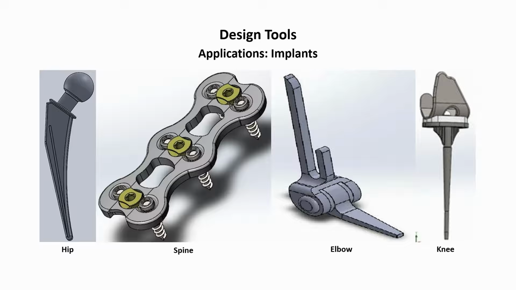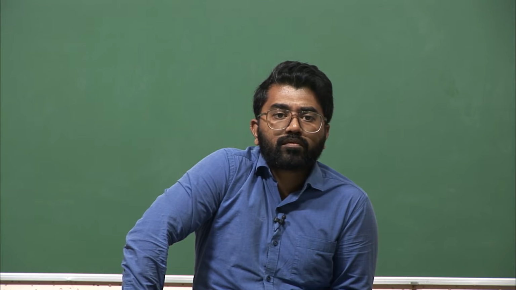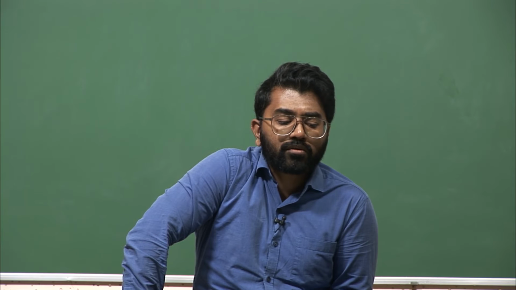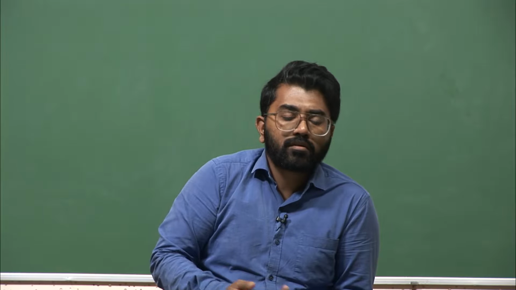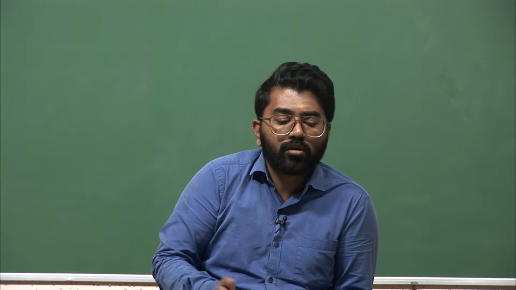You're looking at a typical hip implant on the very left. You will be surprised to learn that there are at least 50 to 100 variants of such hip implants, not only as per age and size of the body, but across different directions in which research in hip implants has occurred over the years.